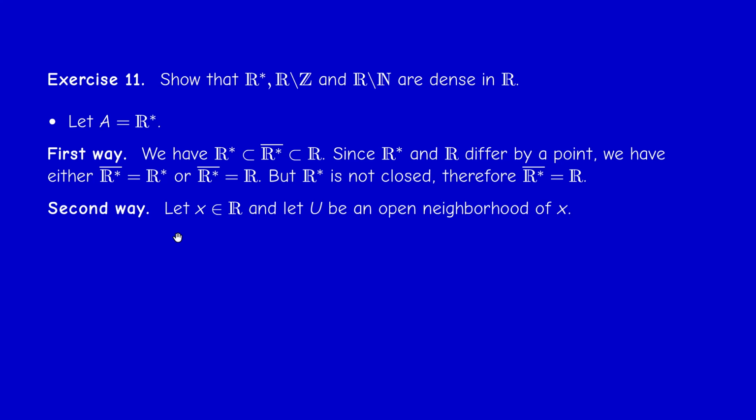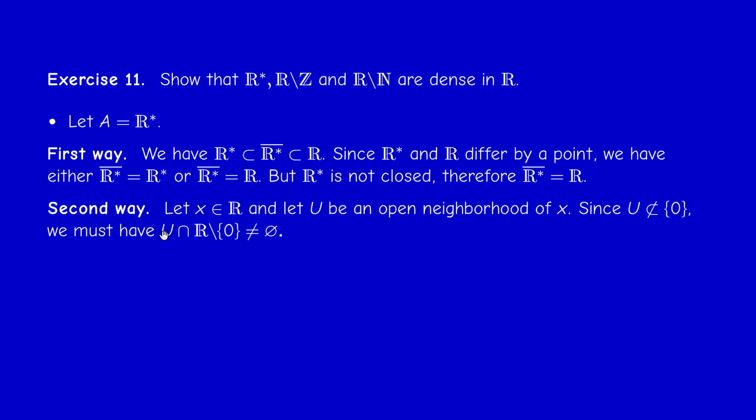So consider an arbitrary point X in R and an arbitrary open neighborhood U of X. Now, the set {0} is not open, so U cannot be contained in {0}. Actually, we observed that {0} cannot contain any open set except the empty set, right? So it means that there is a point, let us say Y in U, but different from 0. So there is a point in the intersection of U and R star.